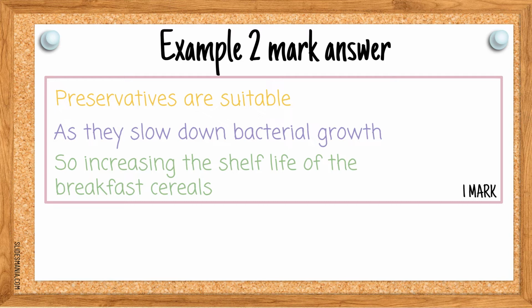And then we've given our consequence, so increasing the shelf life of breakfast cereals. And again, we've been specific to the product in the question, and we've stated that it's breakfast cereals that we are evaluating.